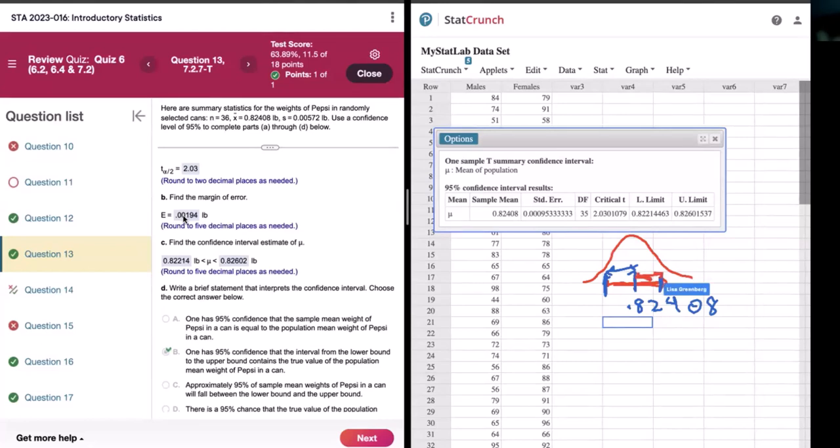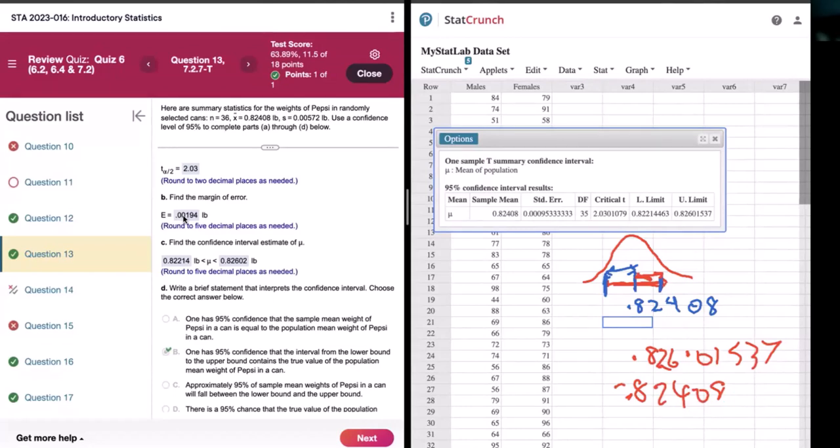So all you have to do basically is say 0.82601537 minus 0.82408, or the other way around.